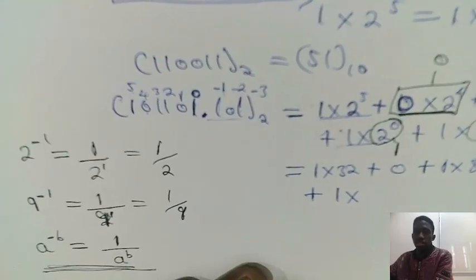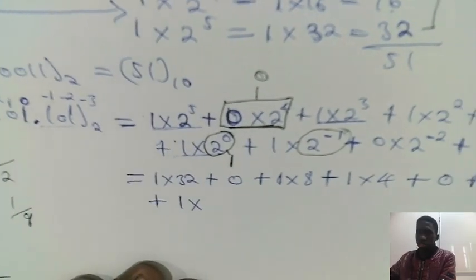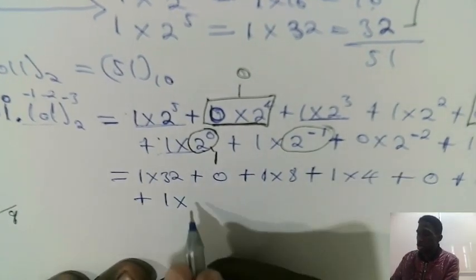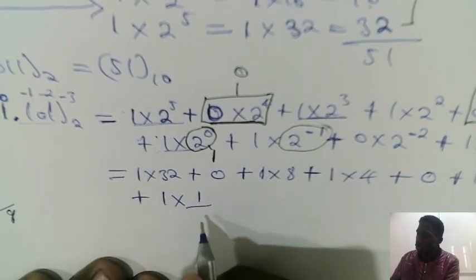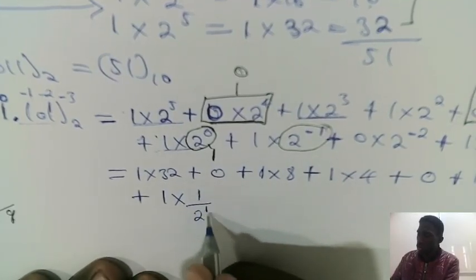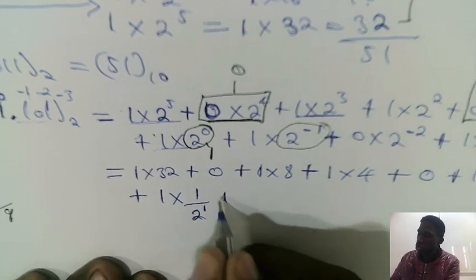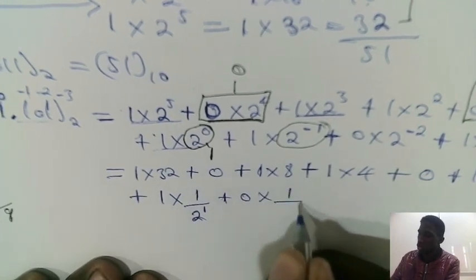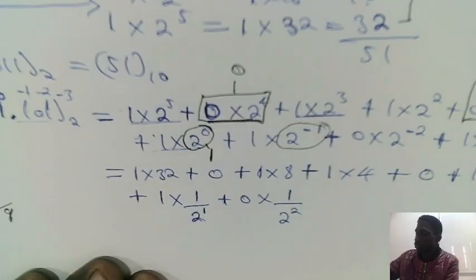So using that logic, we can simplify 2 to the power minus 1 as 1 over 2 to the power 1, which is 1 over 2, plus 0 times 1 over 2 to the power 2.